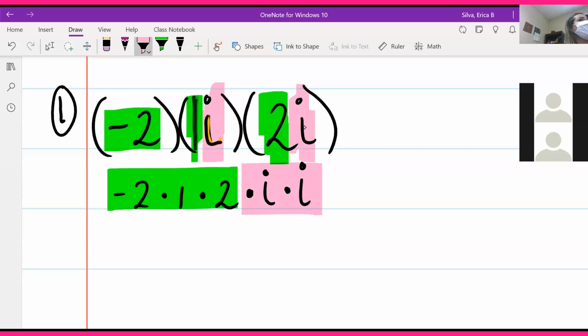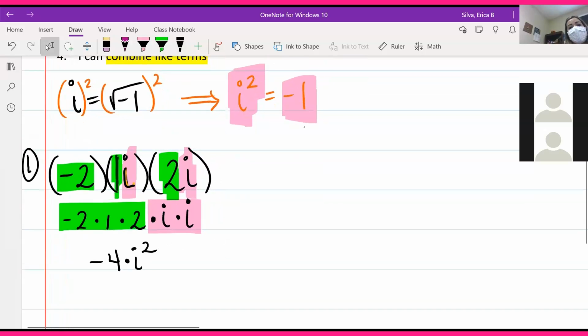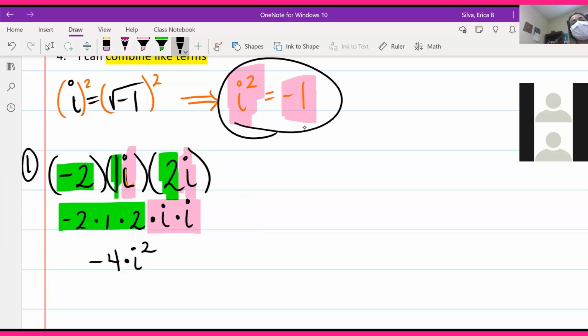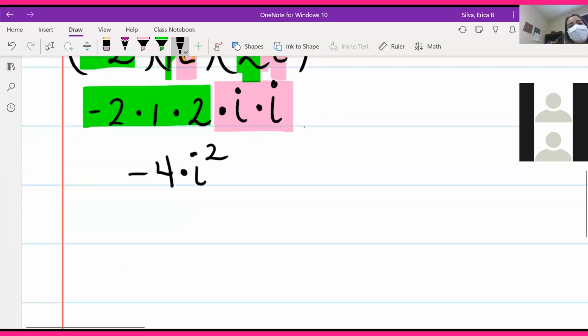Everybody good so far? This gives us -4 times i squared. Question so far? All right, so here's the thing that you've never done before: we're going to incorporate this i squared equal to -1.